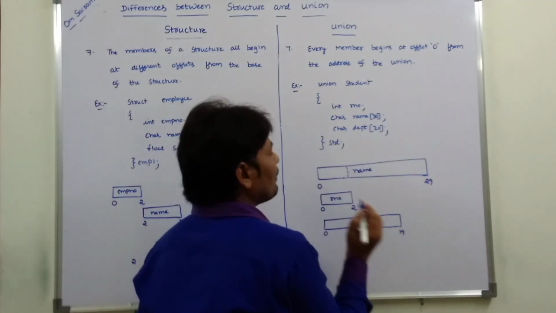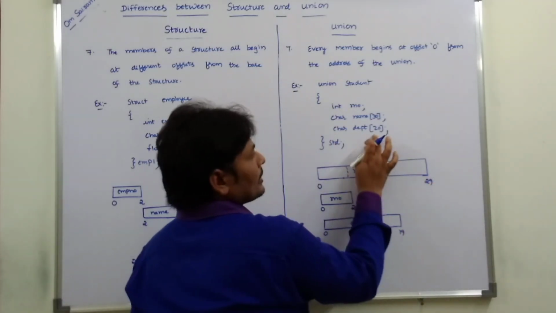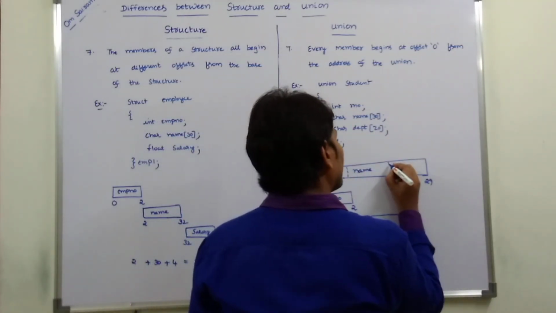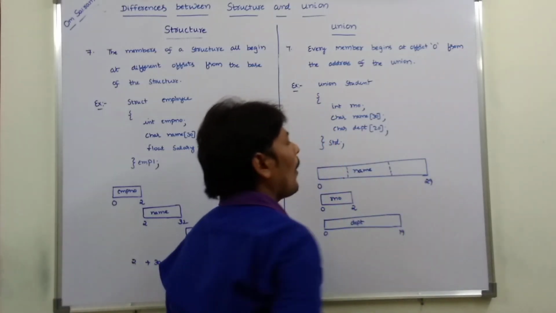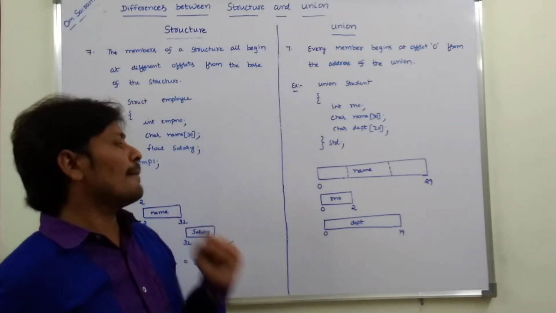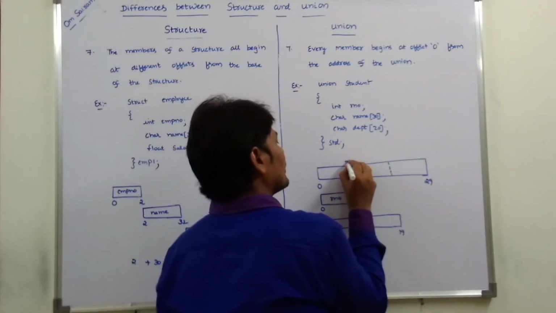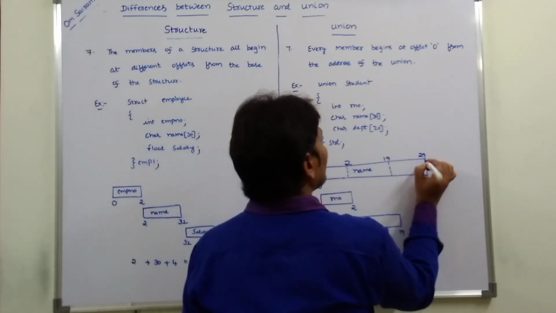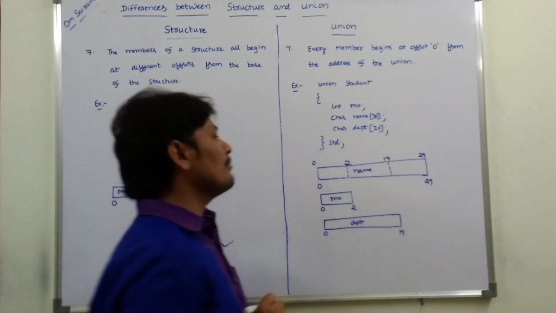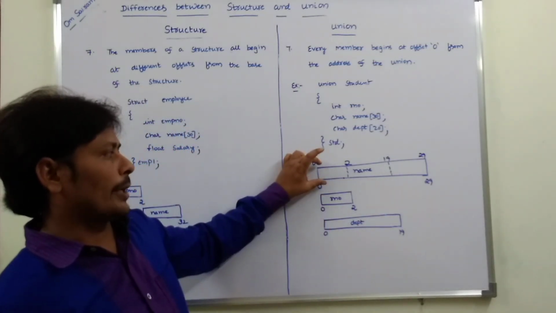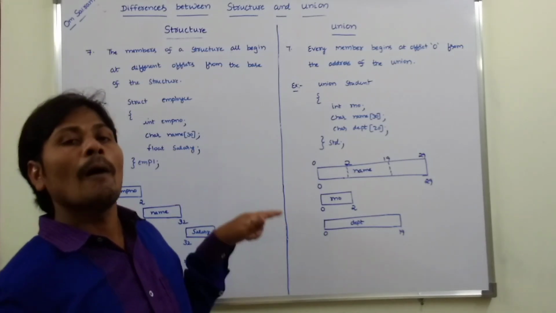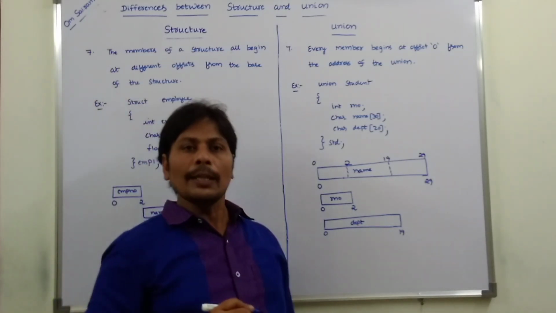The third member is department. Department size is 20. 20 into 1, 20 bytes. So all the members use the same memory location. So this is 2, this is 19 and this is 29. This is 0. All the members use the same memory location. This 30 bytes of memory is used by all the members of the union.